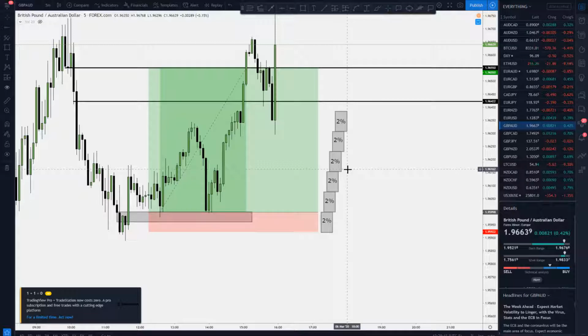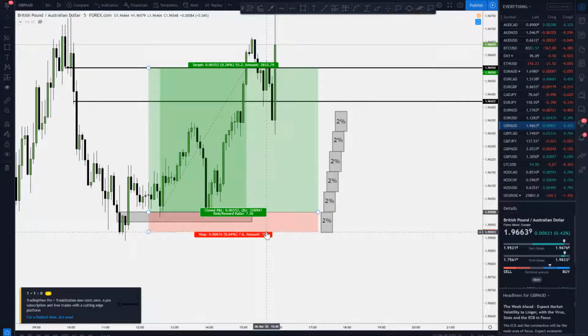I always preach 1 to 3 or more. Once you got to a 1 to 3, you could have taken off half and let the rest just do its thing. That's perfectly fine. You already made a nice amount of money. Even if it comes down to hit your stop loss, you still came out in profit because you managed your position properly.